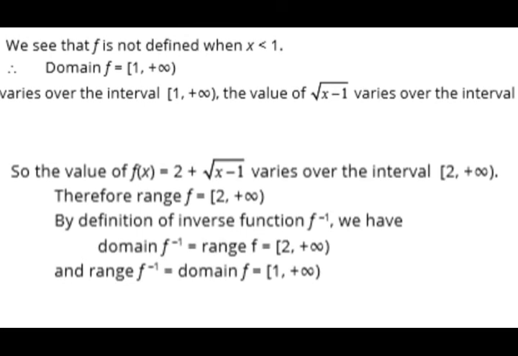But to find the domain and range of f inverse, we exchange these values. The range becomes the domain of f inverse and the domain becomes the range of f inverse.